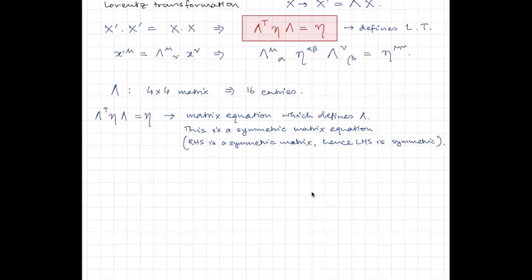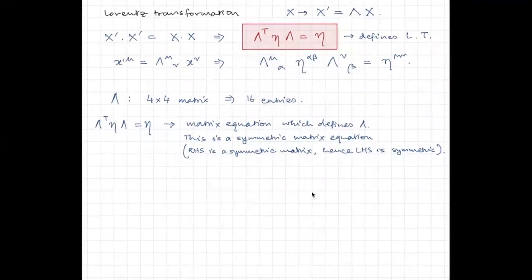Now, these are the equations that constrain the form of lambda. So this is a set of 10 constraining equations. Okay, so what are we left with?